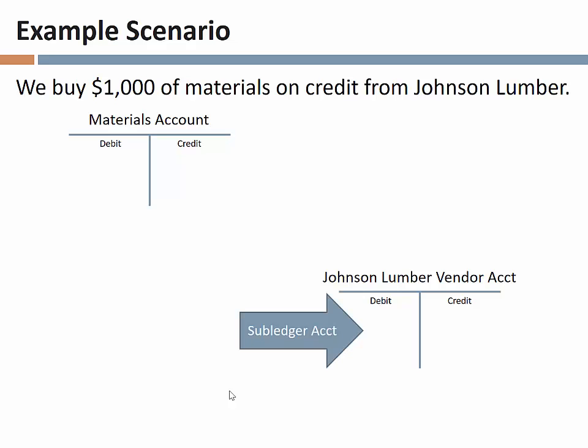So what will actually happen here is my interaction will be with the subledger account. So the mechanics of this are as follows. The debit is $1,000 because I have increased the value of an asset. I have more lumber now than I had before this transaction occurred. My offsetting credit is to this account down here.